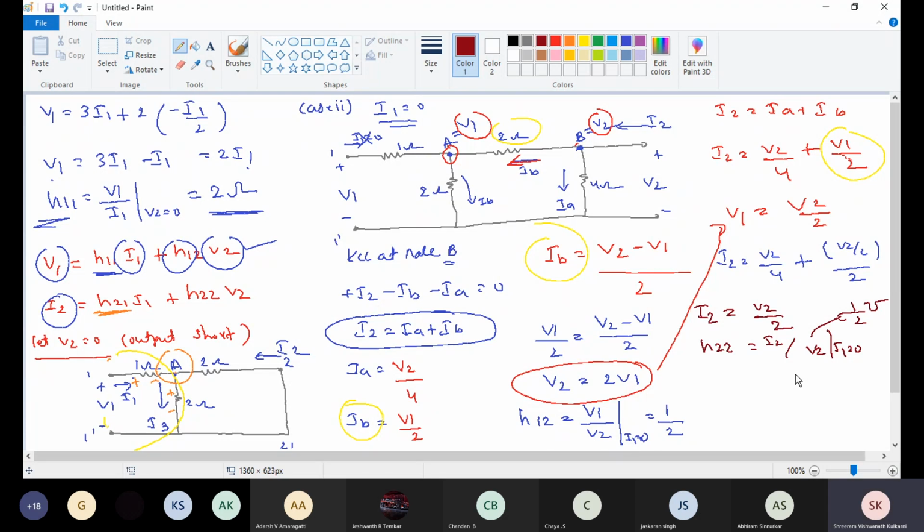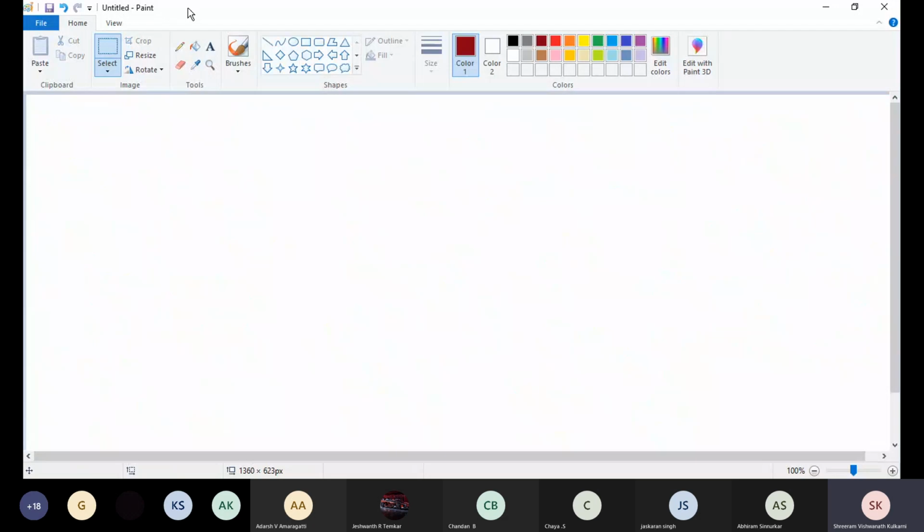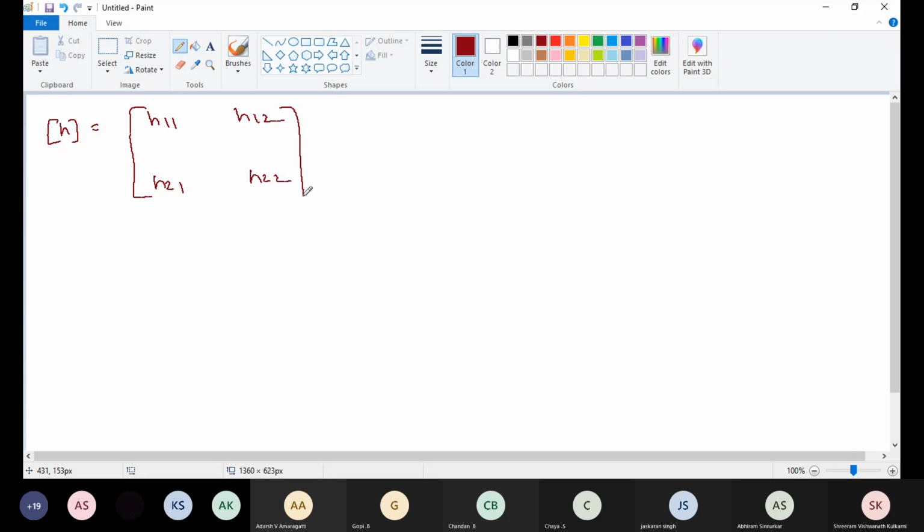These are the mixed parameters, that is the hybrid parameters. We are analyzing with KVL, KCL, node voltages. Hence we can write the H parameters, that is H is given by H11, H12, H21, H22. Tell me the values for this.